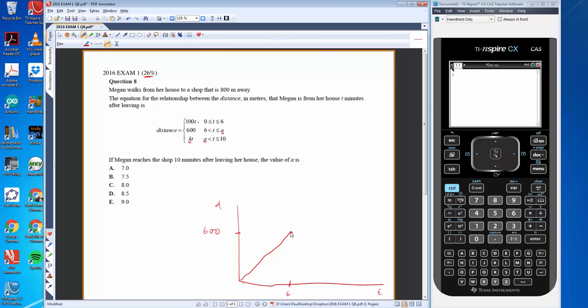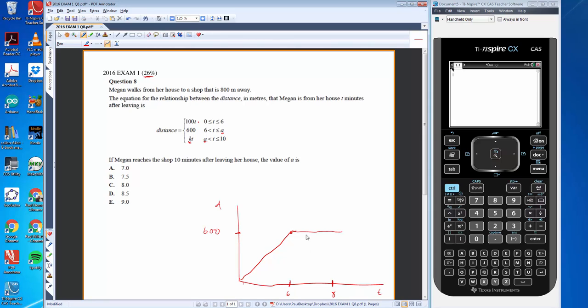Alright, so the function will have zero gradient for a time. Okay? From the 6th minute to an unknown number of minutes. Then at some point what she does is she then develops a gradient, so starts moving again, okay, and ends up at 800 metres. Alright, so I'm going to draw that on the graph.